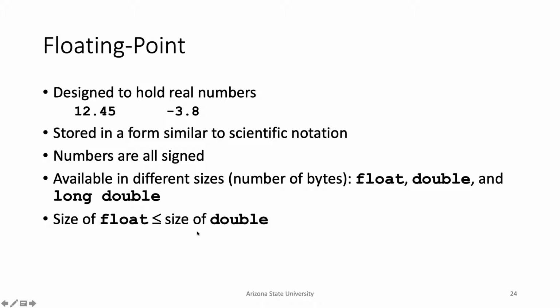So the size of the float is at most the size of whatever this double thing is. As indicated by the name, the vast majority of the time a double has twice the size of a float, but we're not going to really worry about that. And then the long double has at least as much, but usually twice as much.